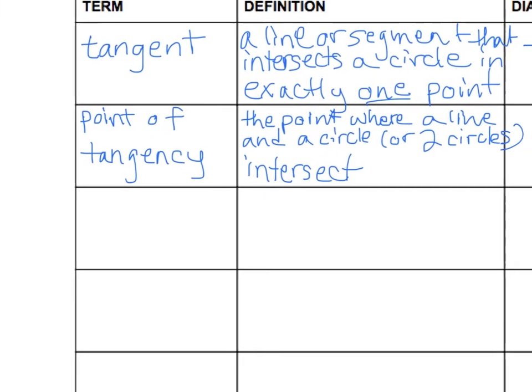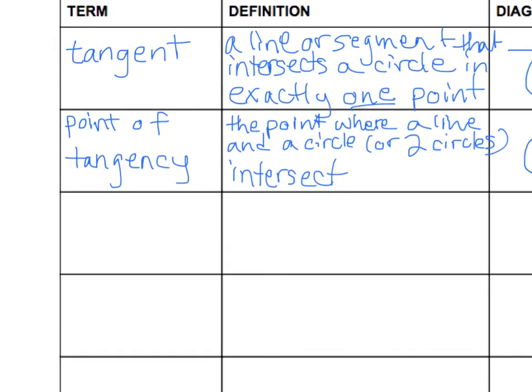Gotta love my stylus. Alright, so if we move on to the next theorems that we're going to be working with in this section, and again, you do not need to know these by name, I hope you know that by now.